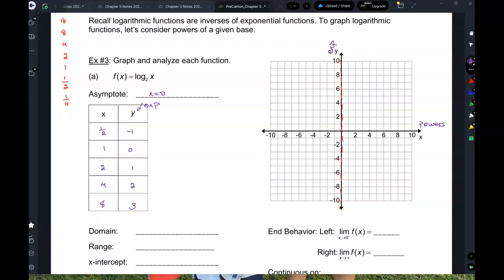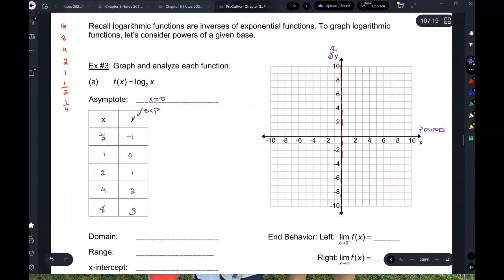And so now when we graph this, when x is 1/2, y is -1, 1, 0, 2, 1, 4, 2, 8, 3. And so this looks like this. Okay?